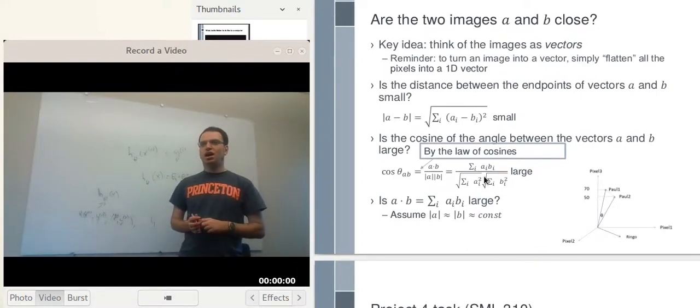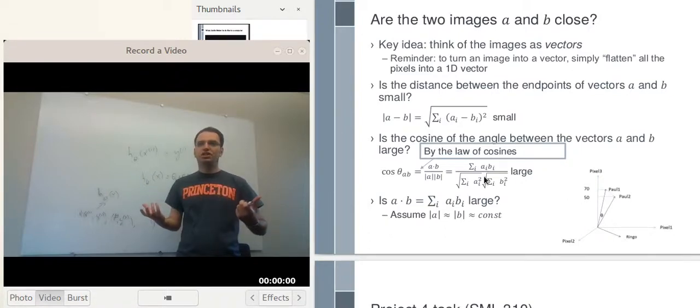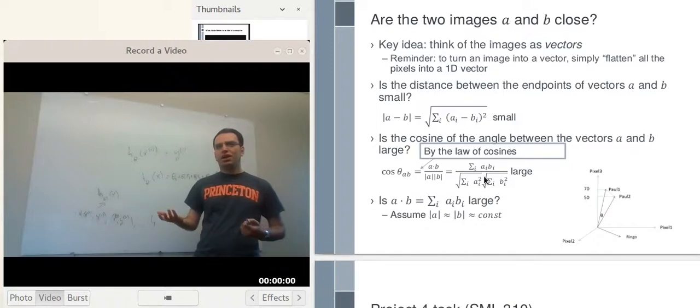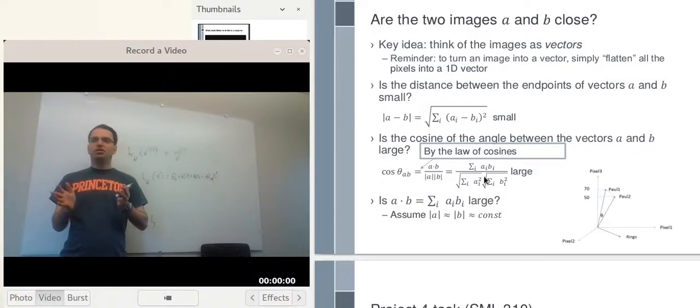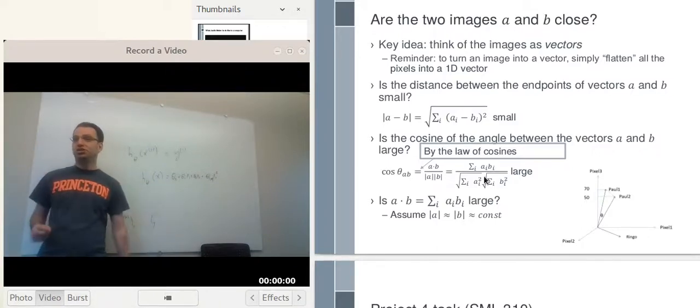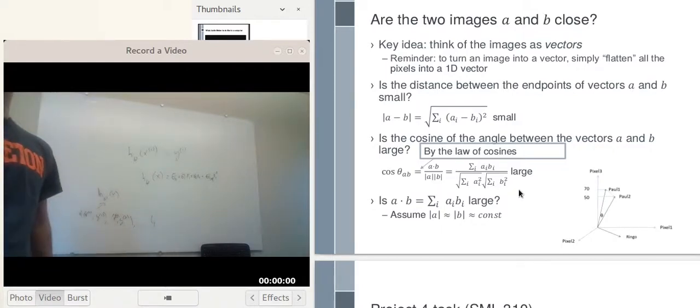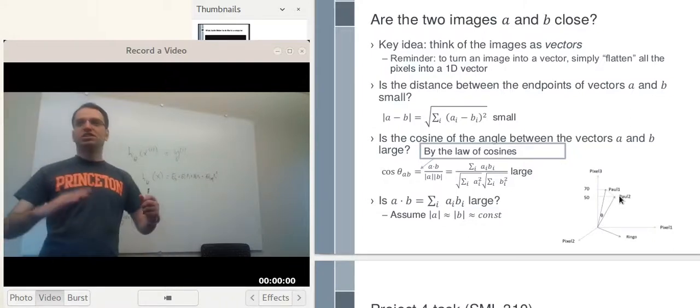So how do we determine which images are similar and which images are not similar? There are several ways. In general, because we already know how to convert images to vectors, we can just think about vectors and what makes vectors close together or far apart. One possibility is to say, if this is the vector that corresponds to one image and this is the vector that corresponds to another image, we'll just look at the distance between the endpoints of those two vectors, right?